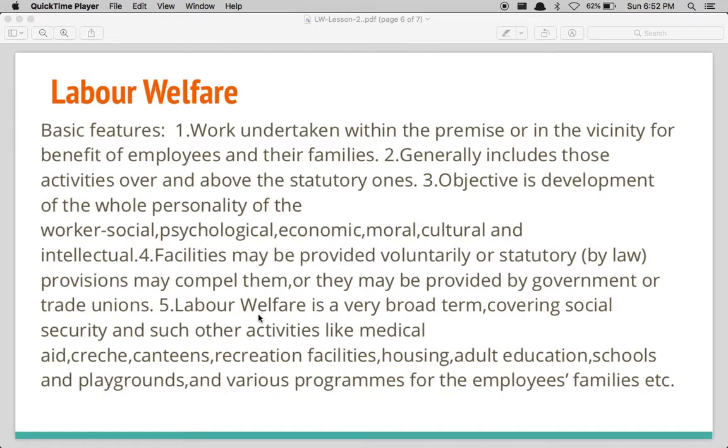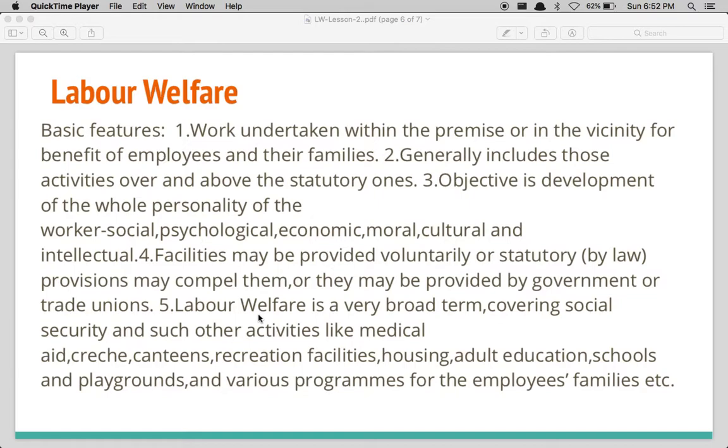Number one, it is the work which is usually undertaken within the premises or in the vicinity of the undertaking for the benefit of the employees and the members of their families. Number two, the work generally includes those items of welfare which are over and above what is provided by statutory provisions or what the employees expect as a result of a contract of service from the employers.